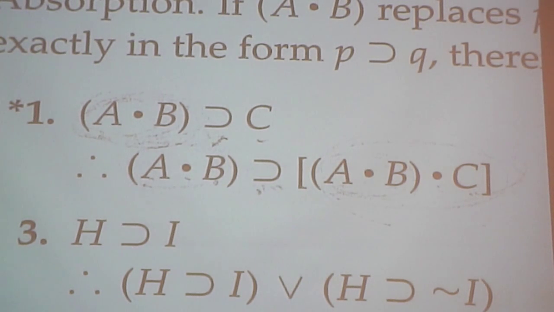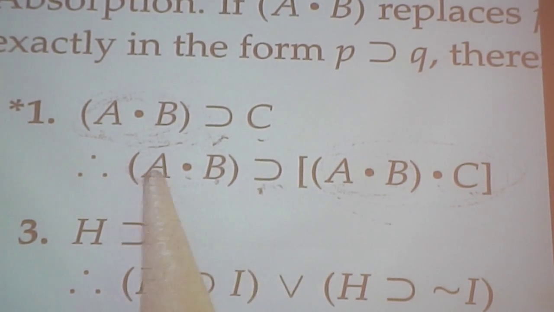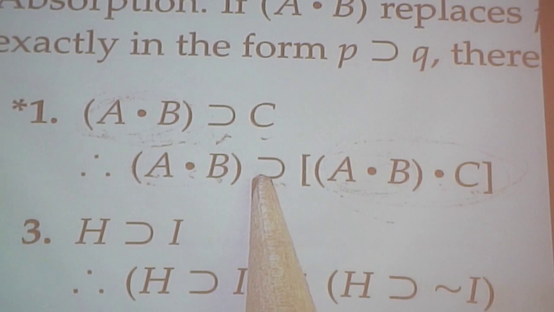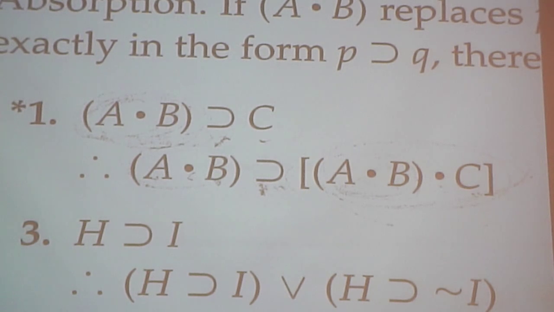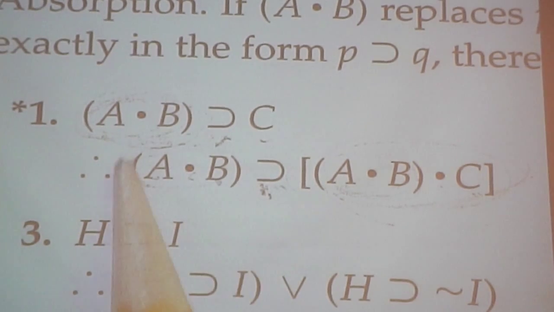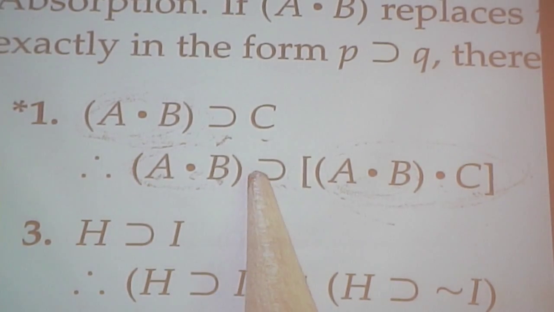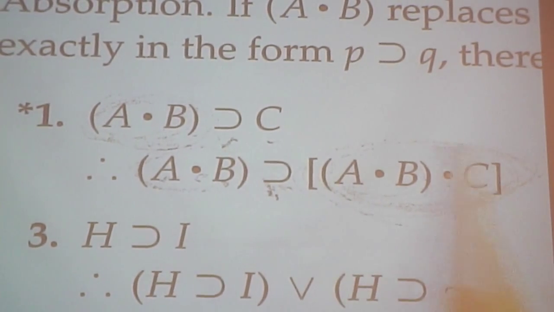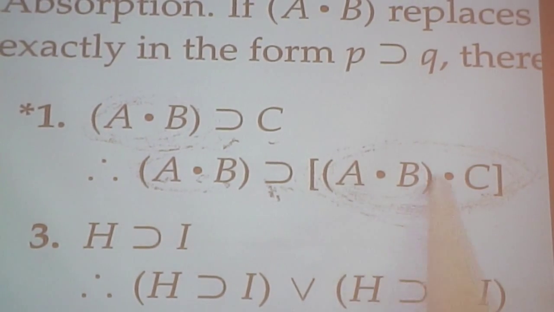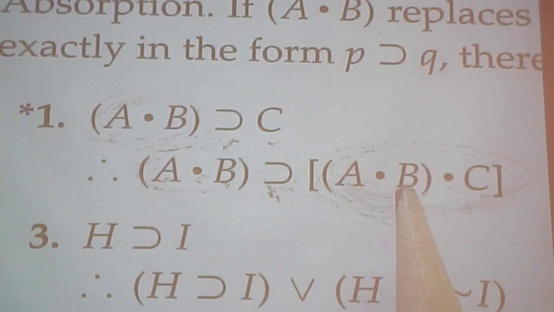So if both A and B, then both A and B. No? Well, you've got to start again. If both A and B, then both A and B and C. That is correct.